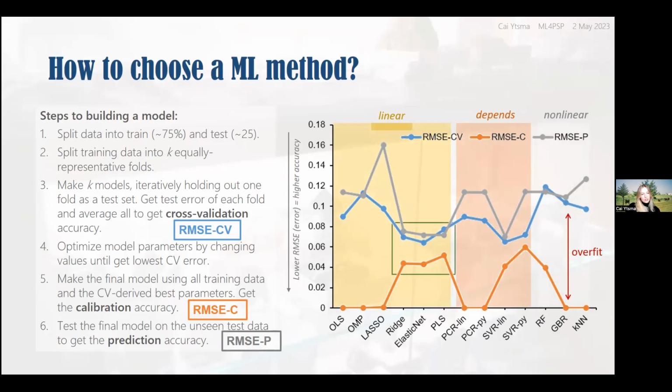And it makes sense that the training error, again in orange, is always going to be a bit lower, a bit better than the accuracy on the unseen data. So then how do I choose from these 3 methods? I want a linear model that is not sparse because I want to understand the spectra better for my research. So I chose PLS over Ridge and ElasticNet, which are both sparse models.